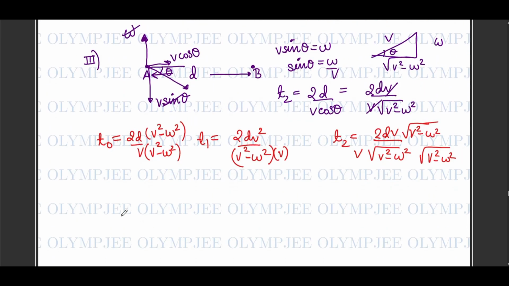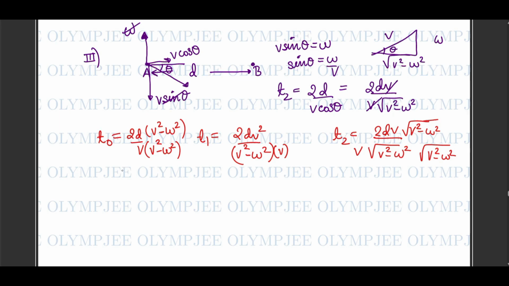Okay. Further, I am writing T naught as 2d over... no, leave it. Since the denominator is equal, we know that the square root of V square minus W square is less than V, and V square minus W square is also less than V square.